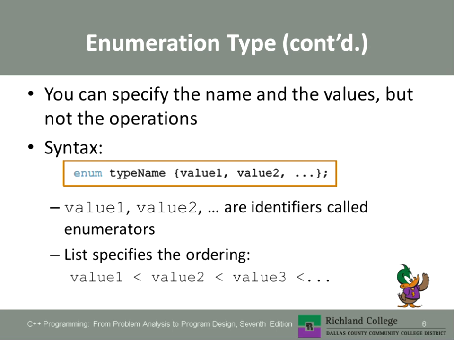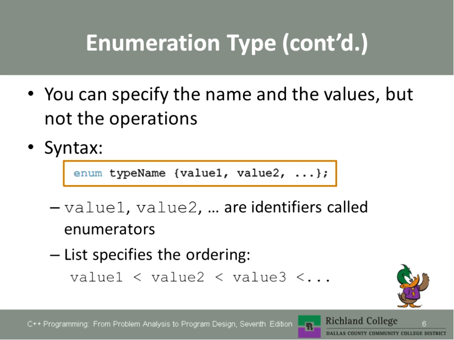Besides that, the values, value 1, value 2, which are the parameters, you can see that those are really identifiers. So those identifiers or enumerators are going to follow the rules for any other identifiers that we used so far.